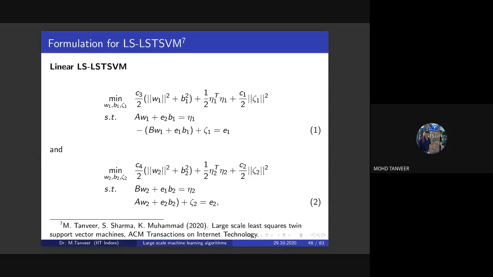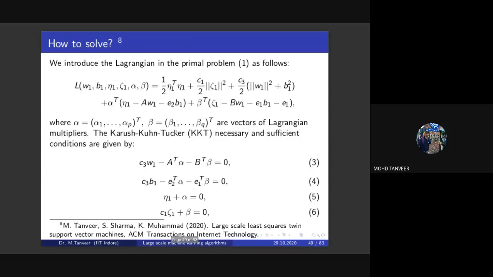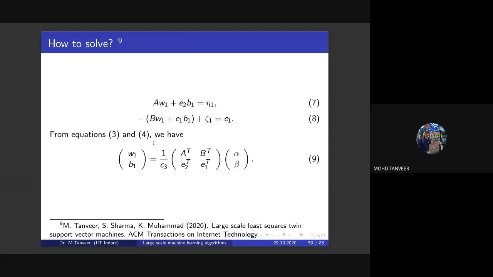Then we get the KKT conditions by taking the partial derivatives with respect to W1, B1, eta 1, alpha, beta, and so on. Finally we get the W1 and B1 solution directly, in a least square sense.